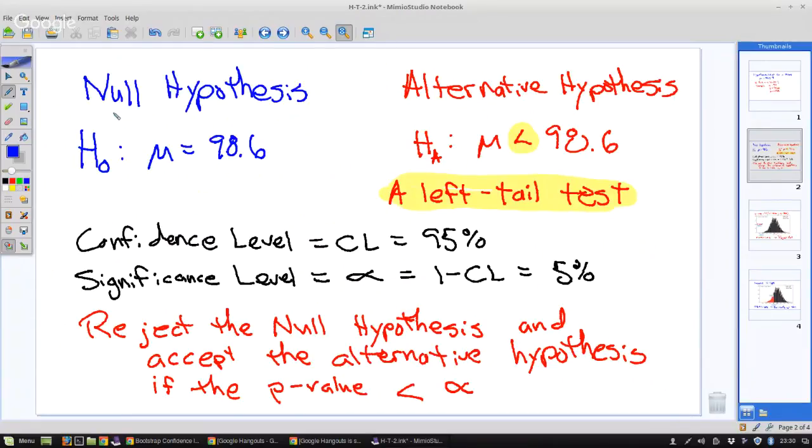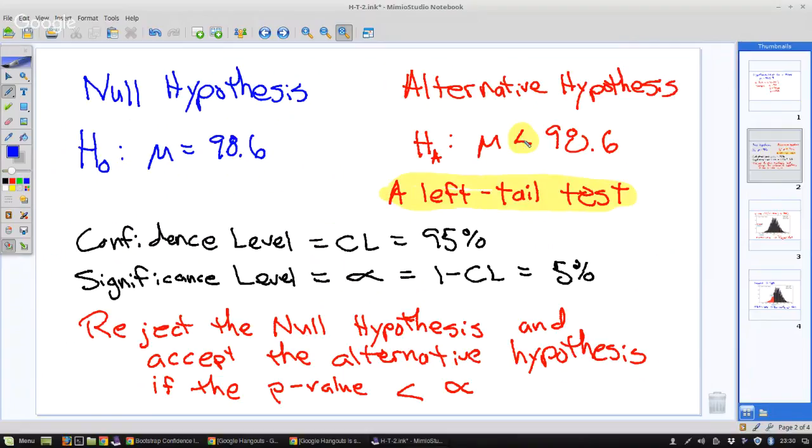Human body temperature is 98.6. Alternative hypothesis, the population has a less than that. So since I'm doing less than, it's the left side. This is what's called a left-tailed hypothesis test.